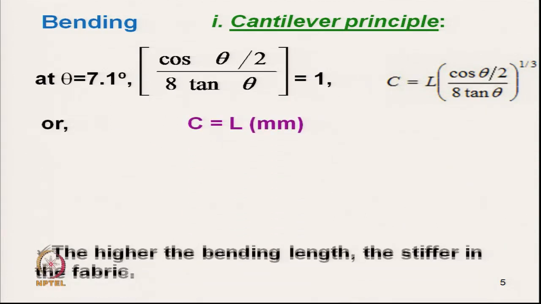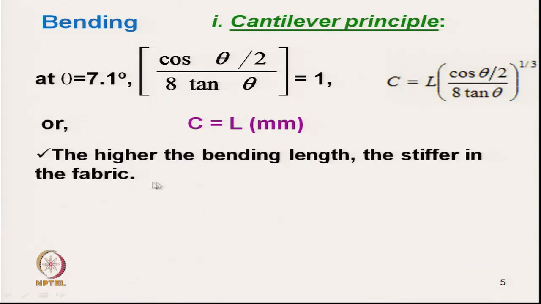So, that means the higher the bending length, the stiffer will be the fabric. So, we can get the value directly from the overhanging length. The main problem is that we need to have the angle 7.1 degree in our instrument.